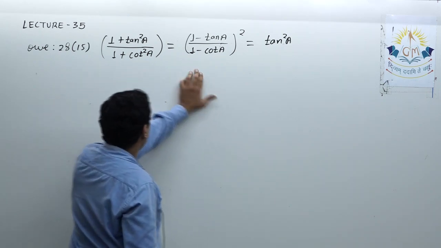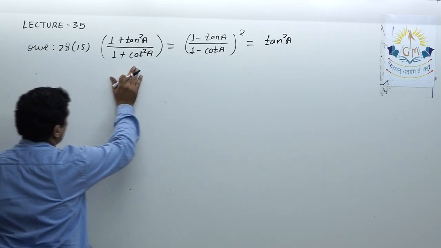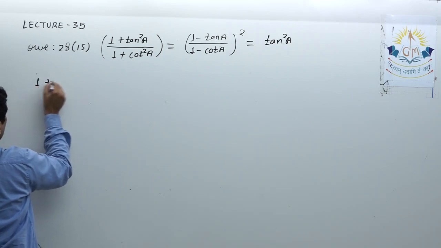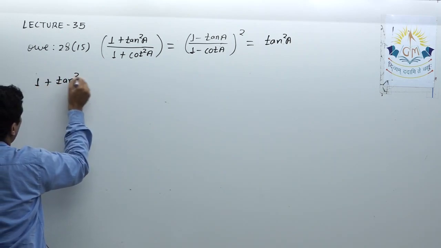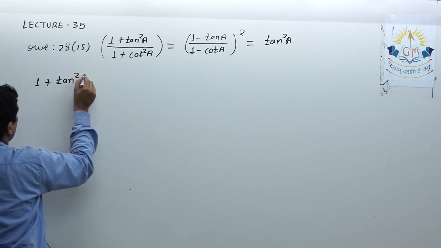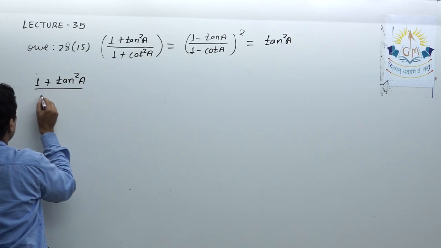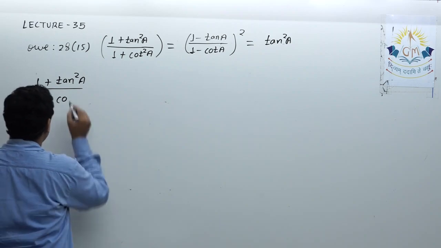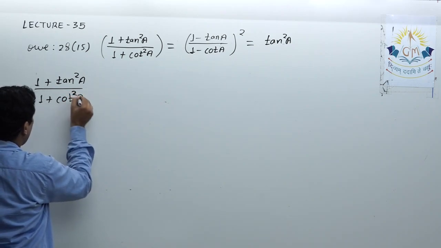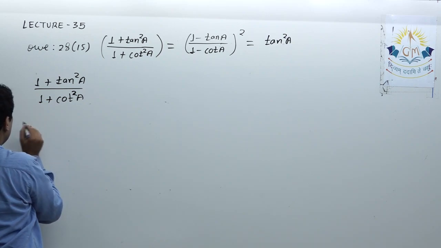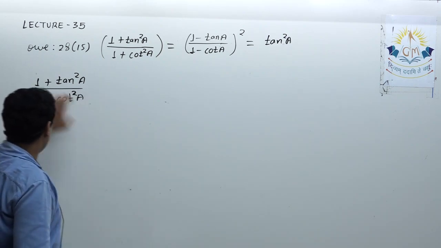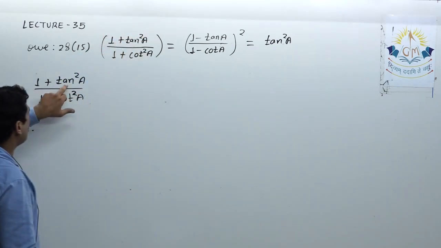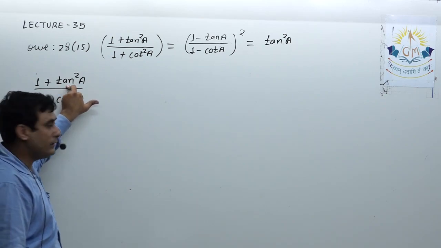So again here we have three parts. First we will simplify this, and then we come to this. So let us see, 1 plus tan square A upon 1 plus cot square A. I can definitely convert this into sine and cos, but 1 plus tan square is the direct identity, so no need to convert.